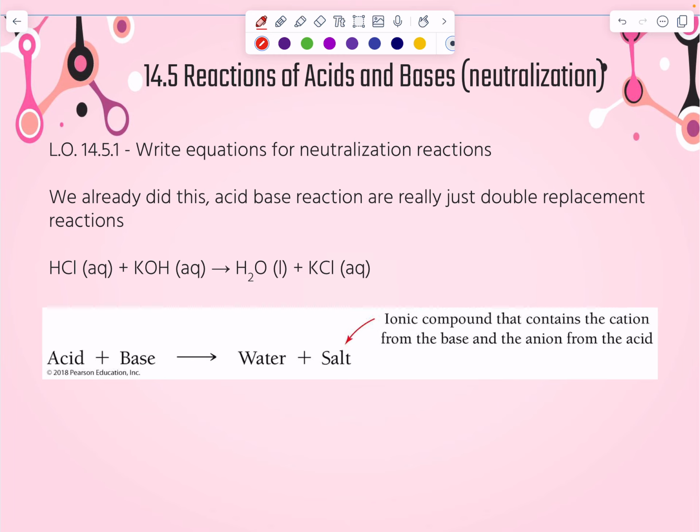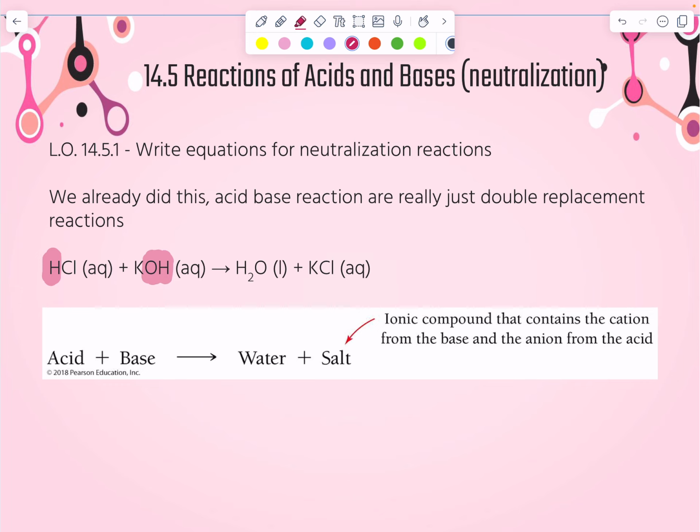And if we look at this reaction here, what happens when we add an acid and a base, this is that neutralization reaction that we've already looked at. Here's the acid, HCl, we know as a strong acid. Here's the hydrogen. KOH is a base.